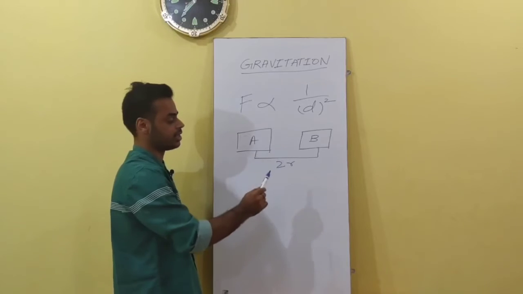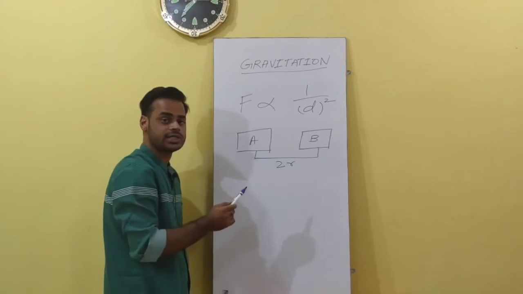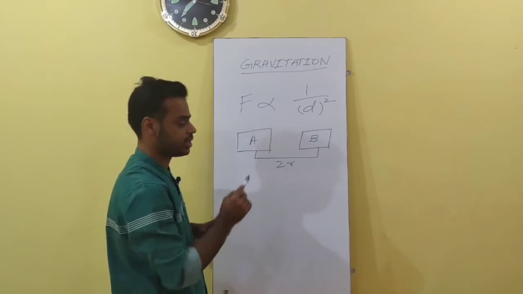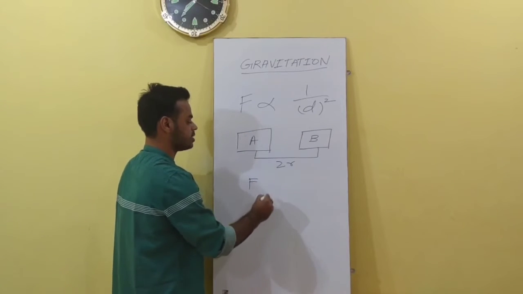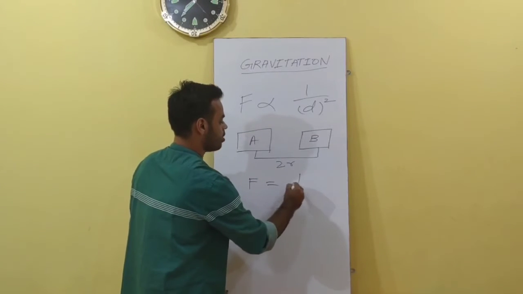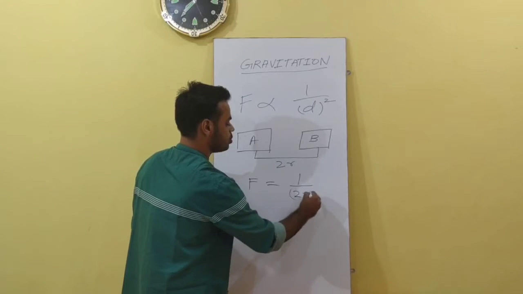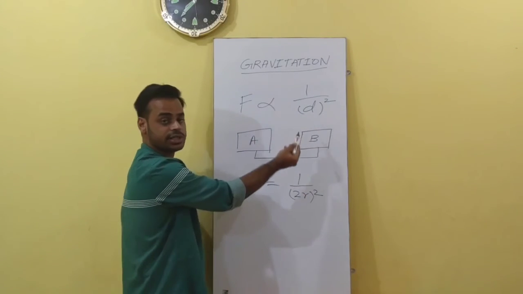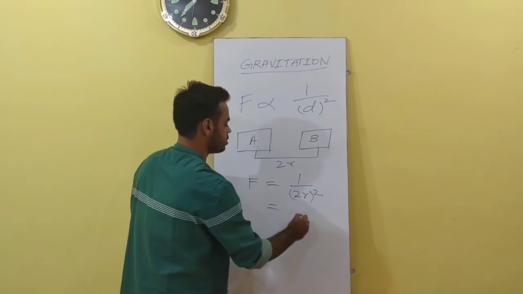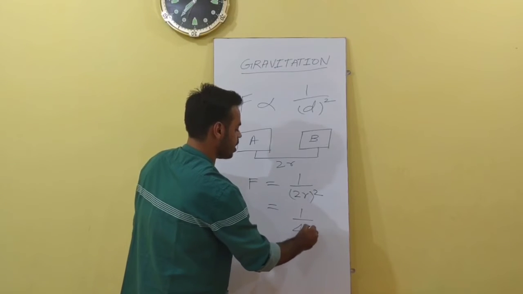Now the distance has been doubled, that is 2r. So what effect will this change of parameter have on the force? As we know, force is inversely proportional to the distance square. So this time force is equal to 1 by (2r) whole square, which implies force is 1 by 4r square.